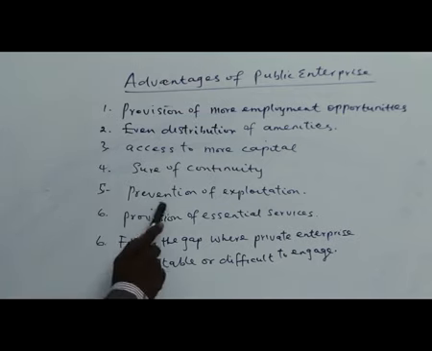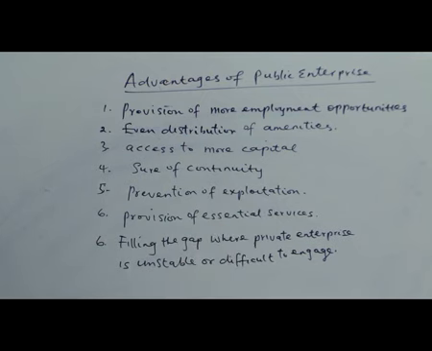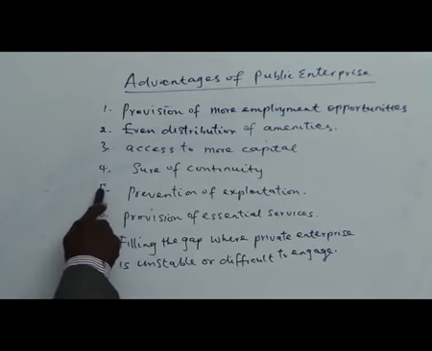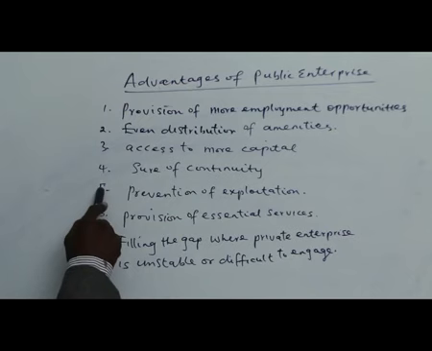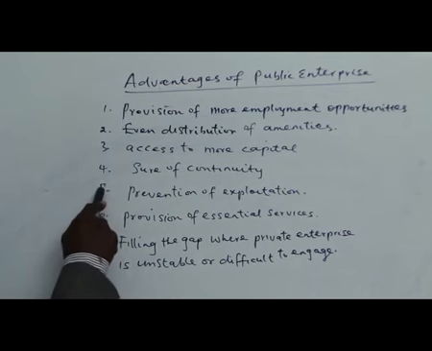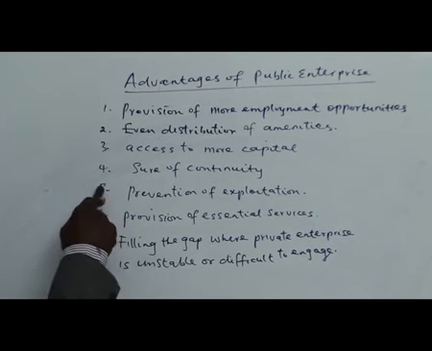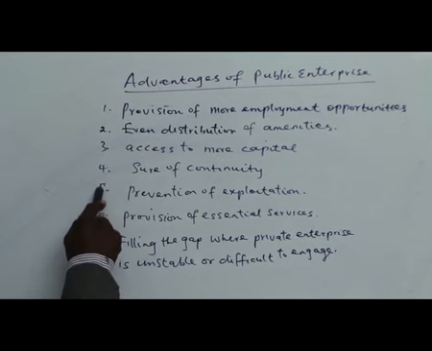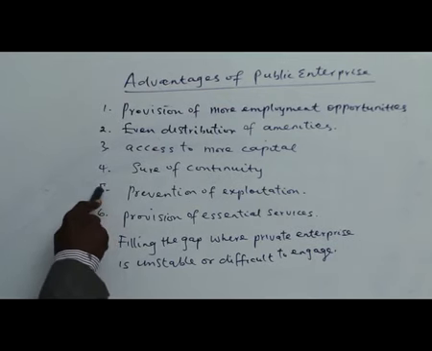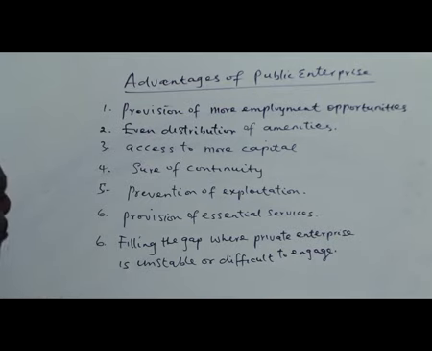Number five, prevention of exploitation. Government establishes public enterprises in order to prevent exploitation by private enterprises, so as to ensure that the citizens can enjoy goods and services that are available. So government decides to compete with private enterprises engaging in the production of what they are into, or services, in order to prevent exploitation of consumers.